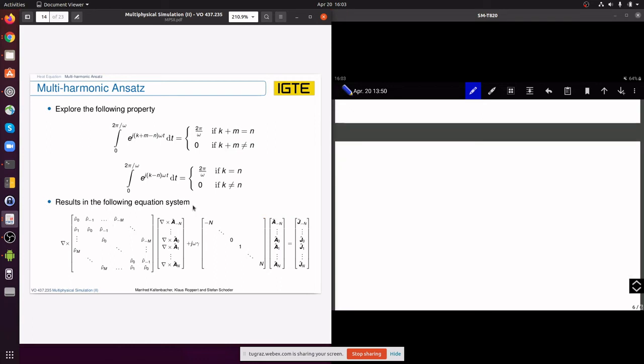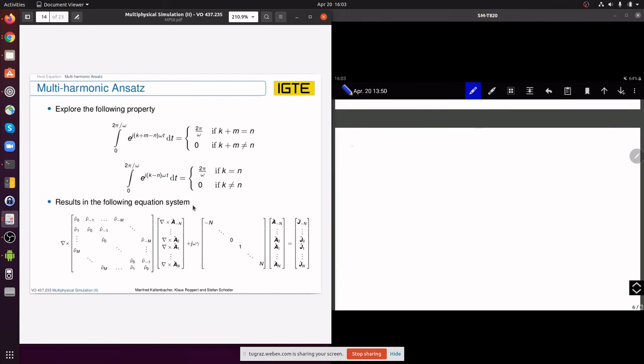And if we set this n to minus N, the question is which combinations of k and m are solving this equation. k plus m is minus n.